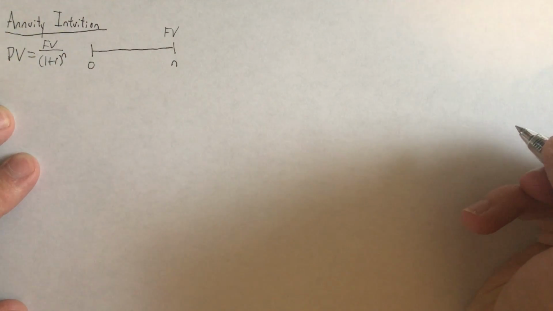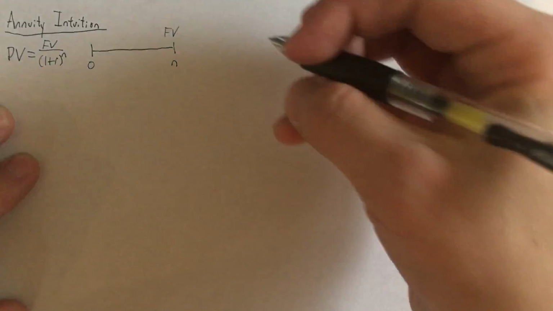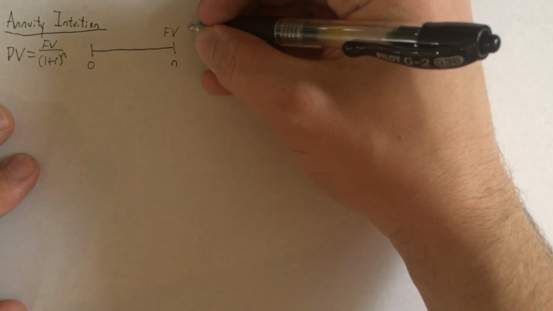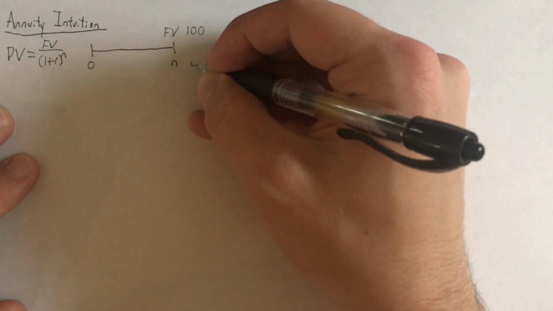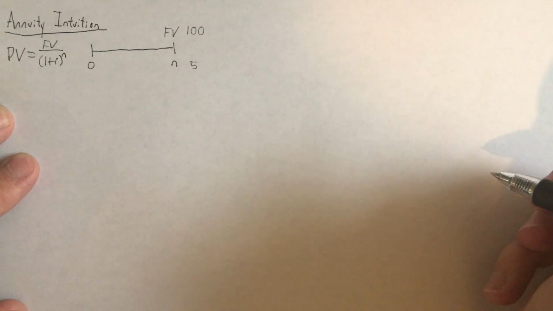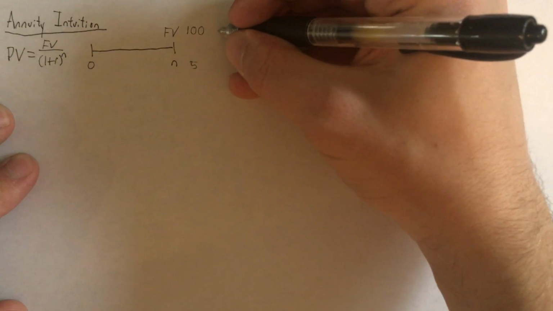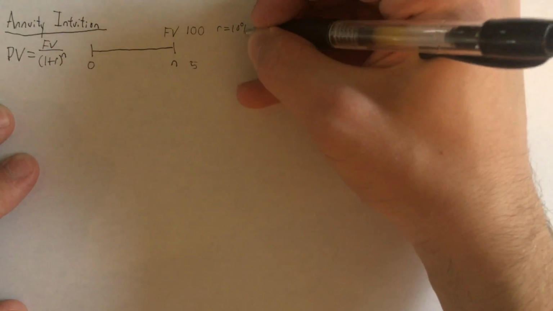And so just for the sake, let's do a quick example. Let's say you're getting paid $100, and let's say this is 5 years from now, and the required rate of return is 10%.